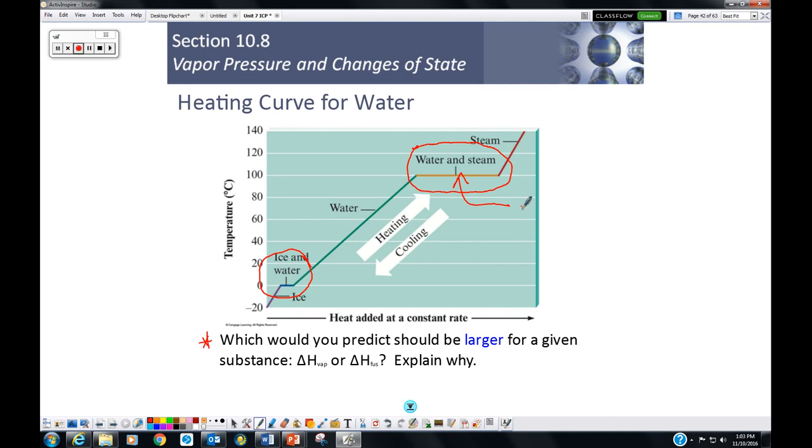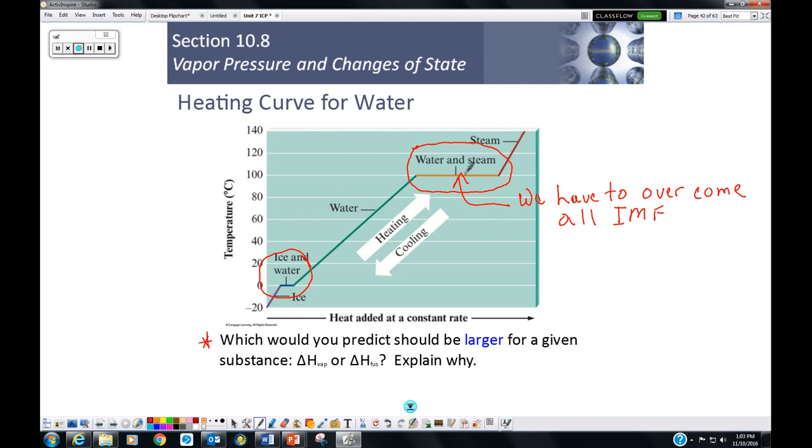We want to stay away from using the word break, but we have to, because when we use the term break, we associate that with a bond, but we have to overcome all intermolecular forces. So going from a liquid to a gas is going to require more energy.